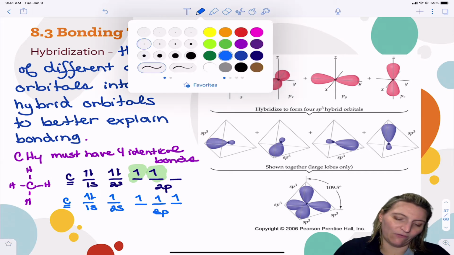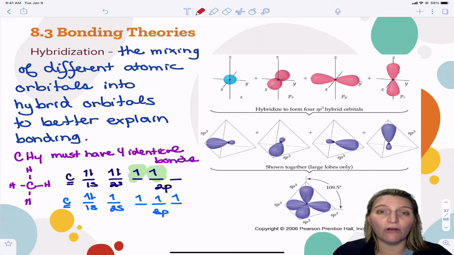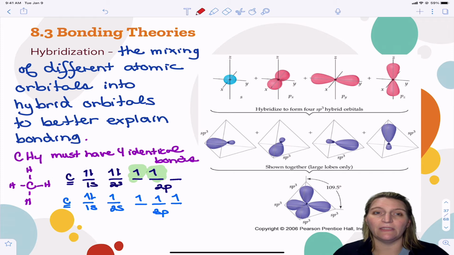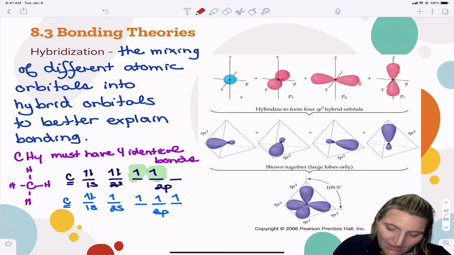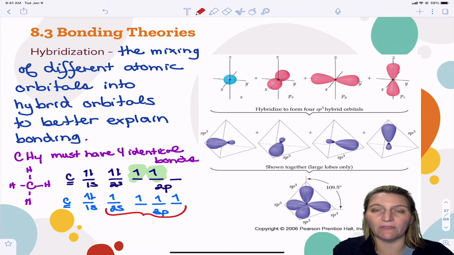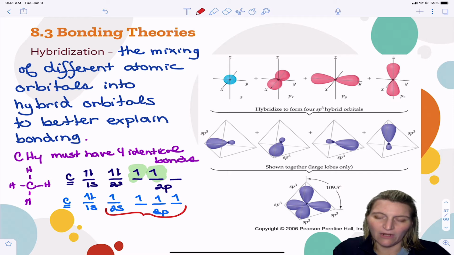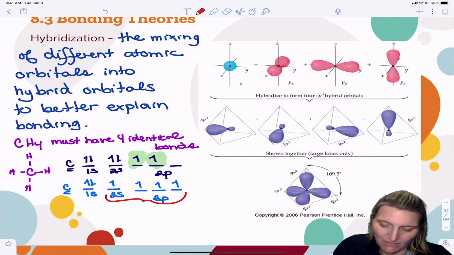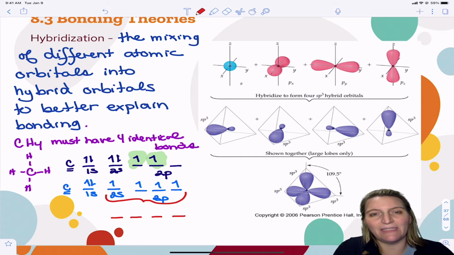What we have as our current model is something that is called hybrid orbitals. We say that these 4 atomic orbitals, so the orbitals found in atoms, come together and hybridize. What does hybridize mean? Hybrid is like mixing together.